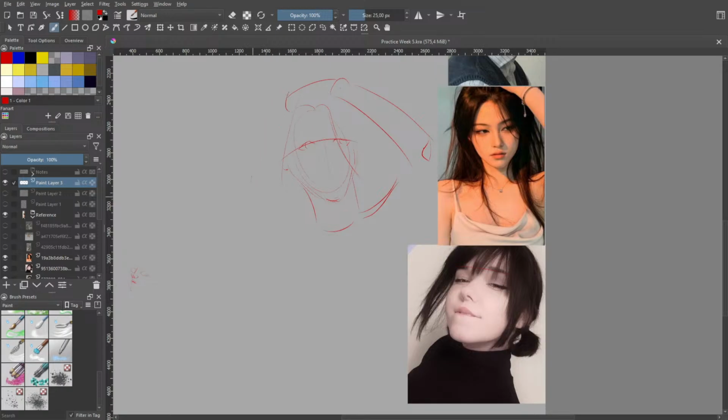Why am I changing the angle so much, though? That I don't understand. It is what it is.